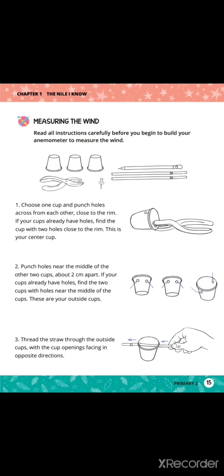Number 2. Punch holes near the middle of the other 2 cups, about 2 centimeters apart. If your cups already have holes, find the 2 cups with holes near the middle of the cups. These are your outside cups. Number 3. Thread the straw through the outside cups with the cup openings facing in the opposite directions.